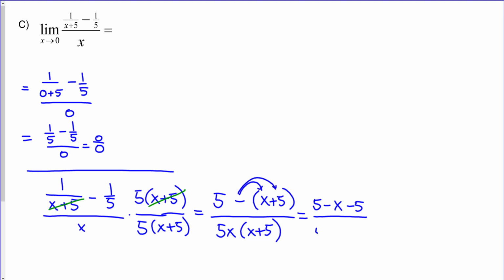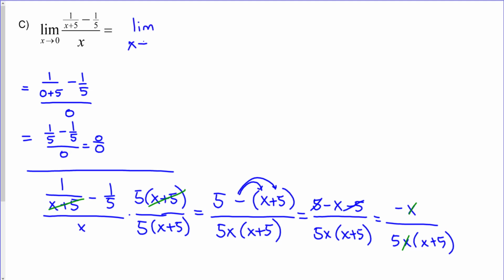And this is still 5x times x plus 5. These 5's cancel, which leaves me negative x over 5x times x plus 5. And if you'll notice, this x and this x are now going to cancel. So I have, after all that algebra, the limit, as x approaches 0, of negative 1 over 5 times x plus 5.